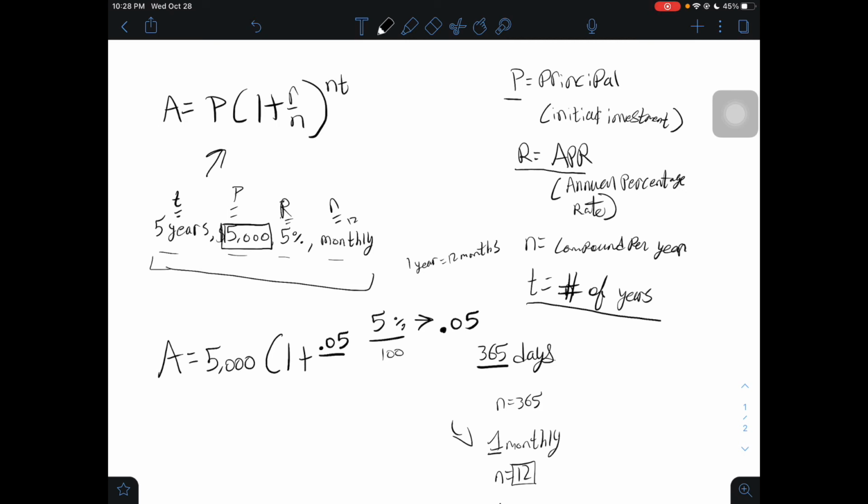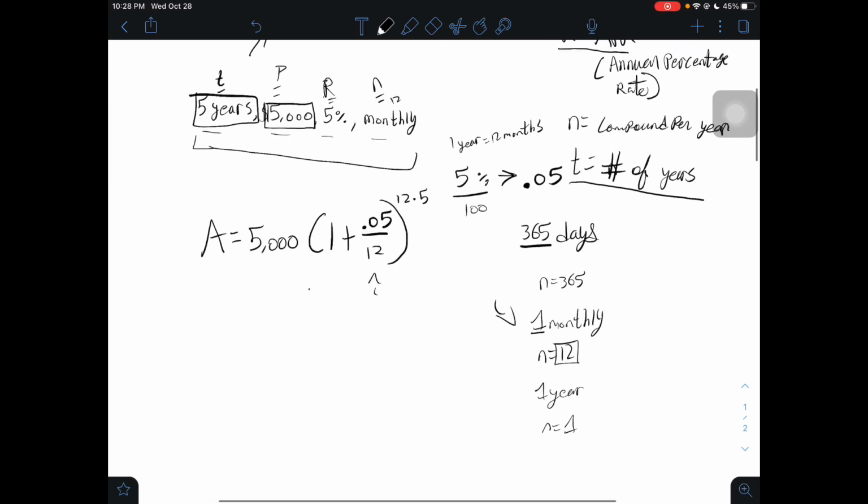So we have 0.05 divided by 12. Now this is going to be to the power of N times T. We already stated our N is 12, and that's being multiplied by our T value. T is the number of years, and in this scenario we want to calculate for 5 years. So we have 12 times 5.